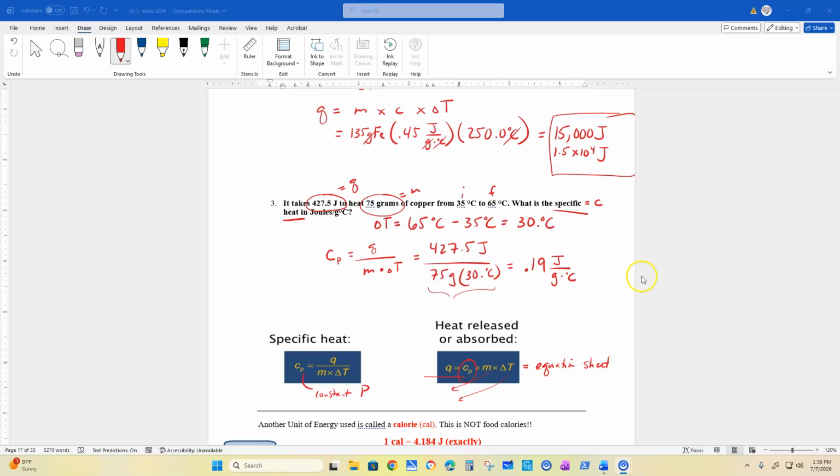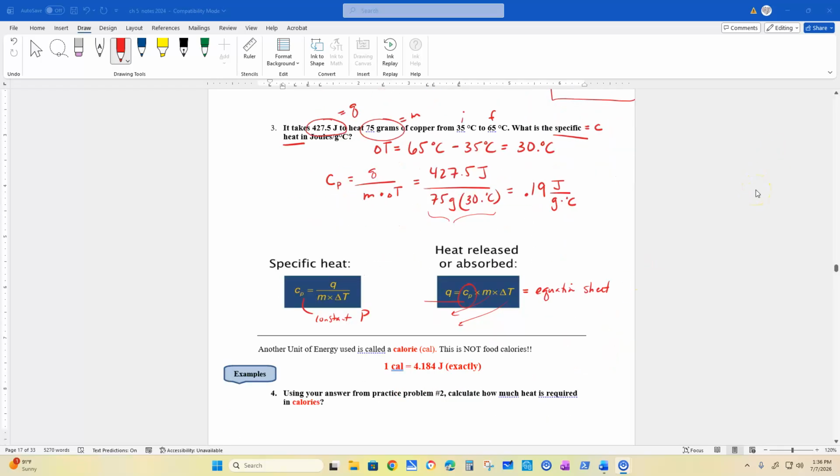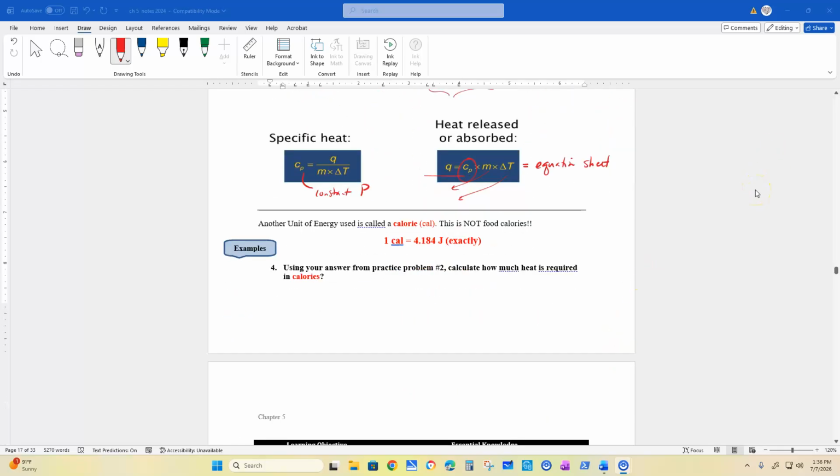Now another unit that we use besides joules in AP is something called a calorie. Now be very careful. This is not food calories. This is energy calorie. So how does that correlate to the food calorie? Okay. So 1,000 energy calories, we call it little cal, is 1 food calorie.